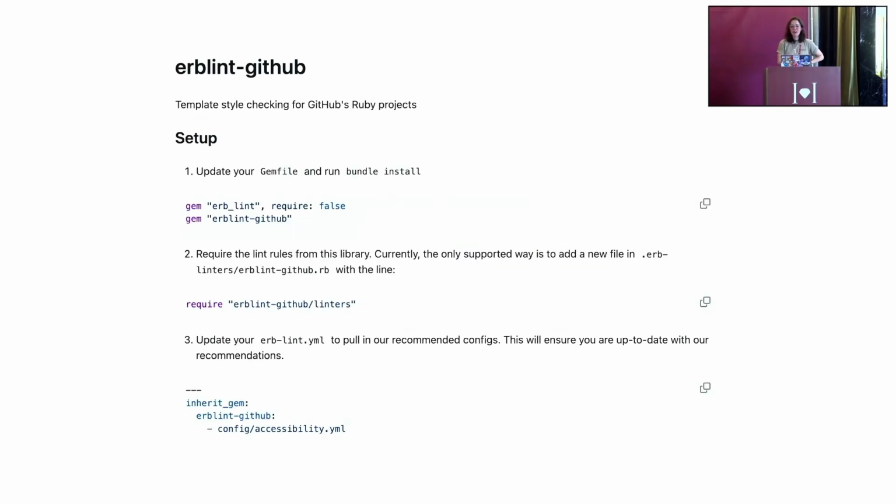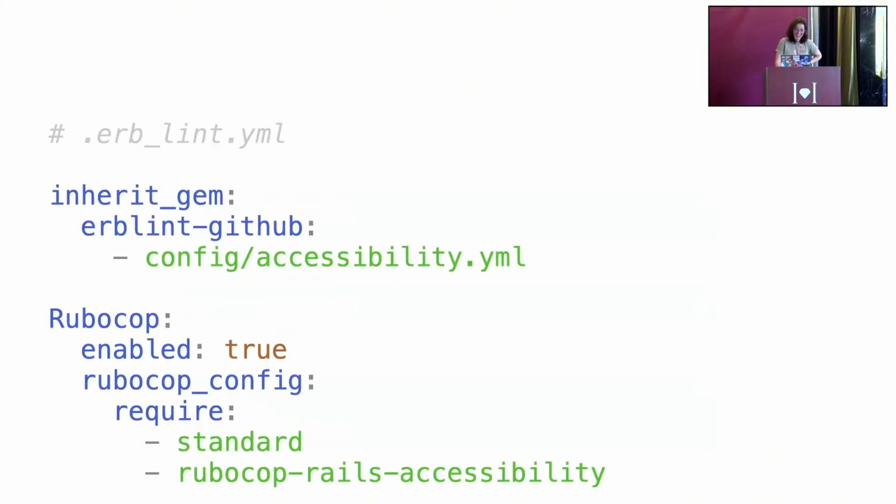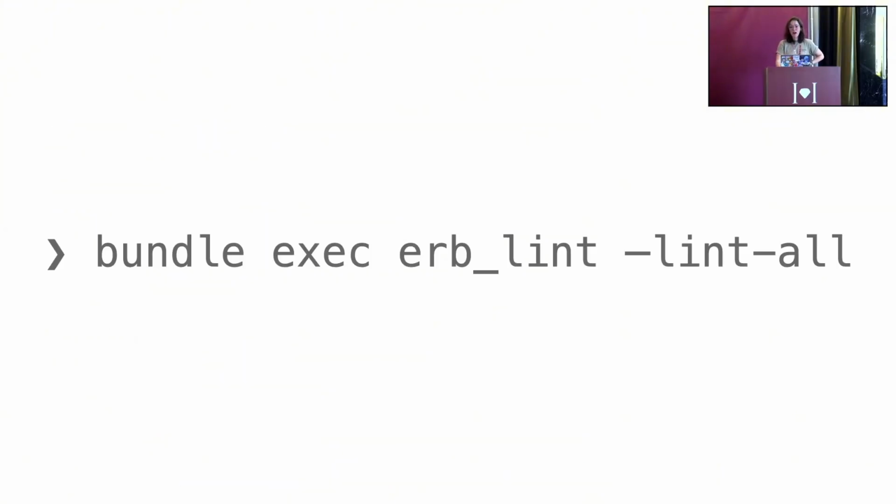I followed the instructions. I mean, I asked Claude to follow the instructions. So I just added whatever the setup says on GitHub. It's very easy. You add the following for the Rubocop Rails accessibility gem, and you run the linter.